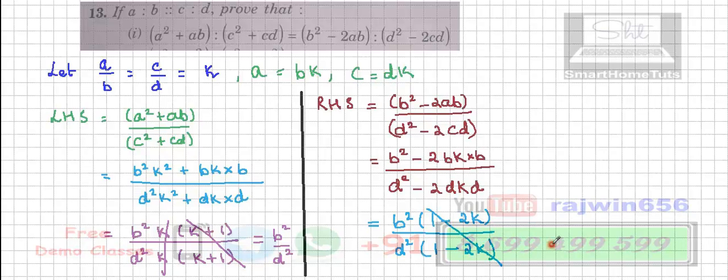This will be struck off. What is remaining is B square upon D square.